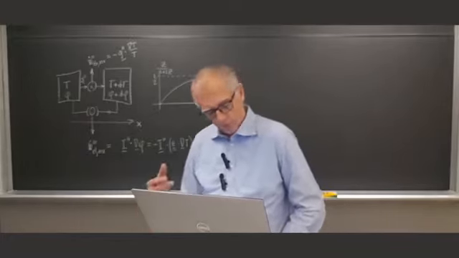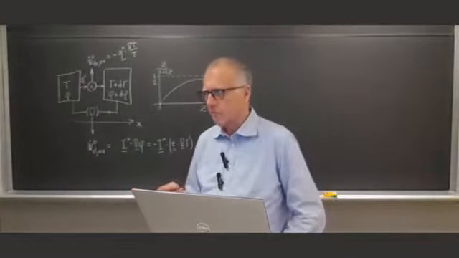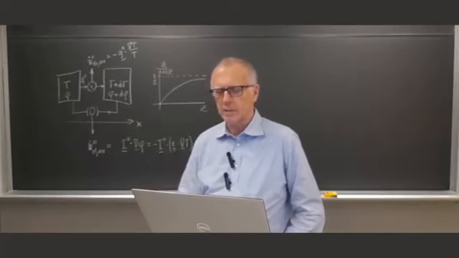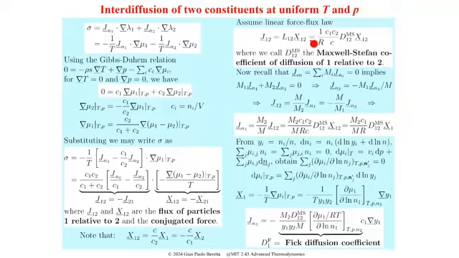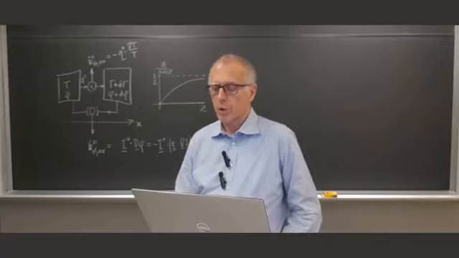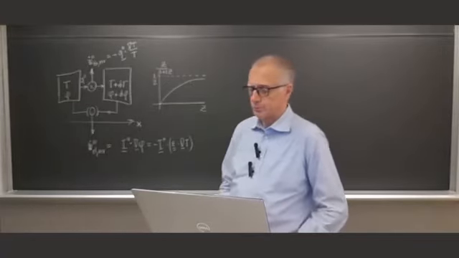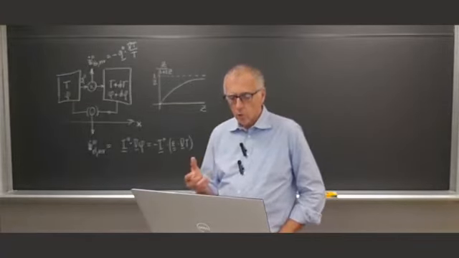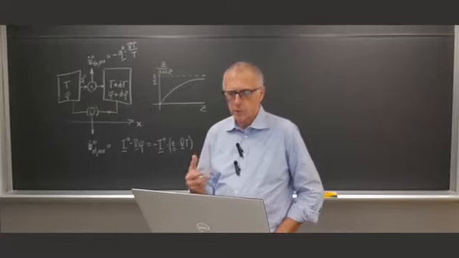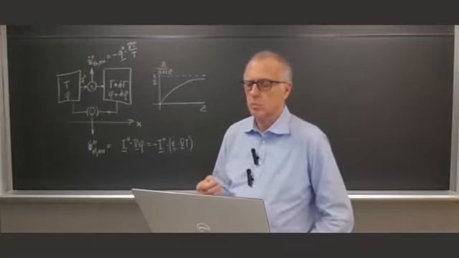There is no single familiar way of rewriting this. We like to rewrite it in terms of diffusion coefficients, which are the things that we measure in the laboratory, or nowadays also with Monte Carlo or molecular dynamics simulations.